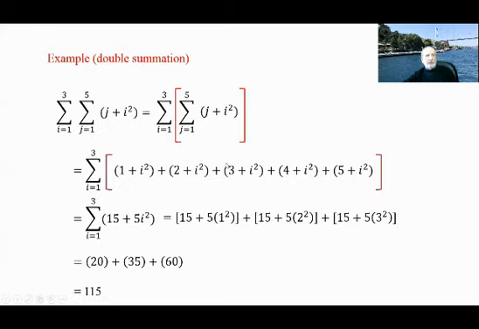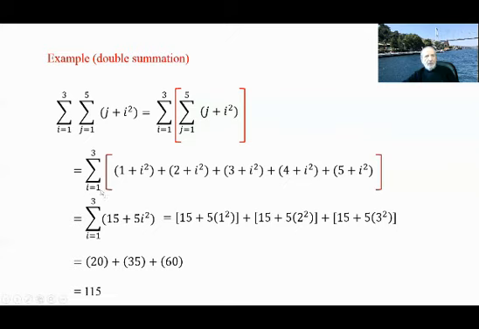Here is an example of double summation. You have a summation from j equals 1 to 5, and a summation from i equals 1 to 3. The easiest way to do that is to write it this way and do what is in the big brackets first, and leave the outside alone for now.